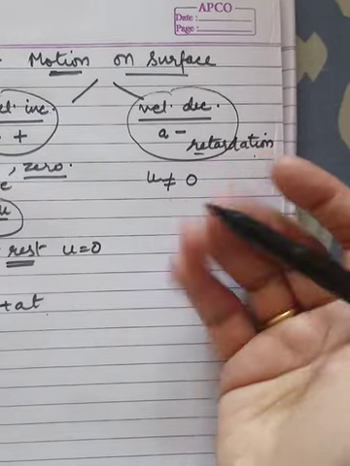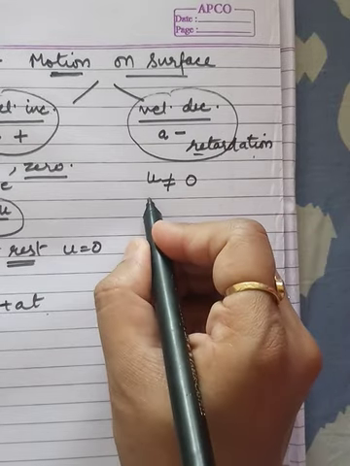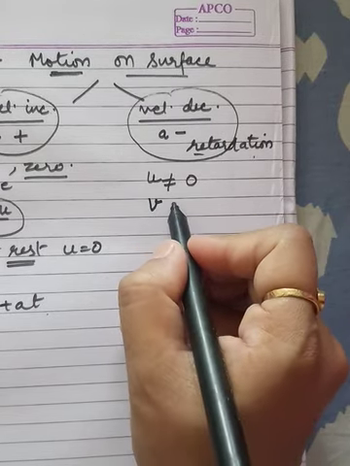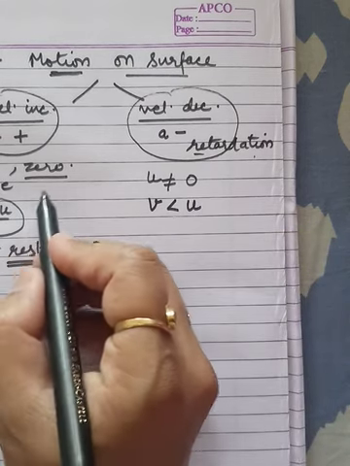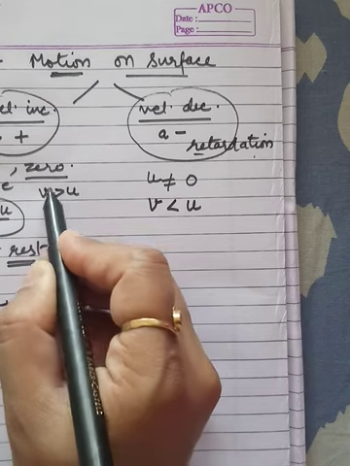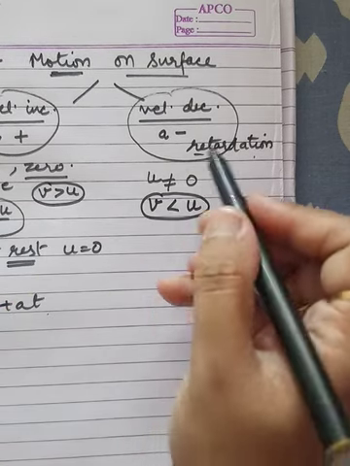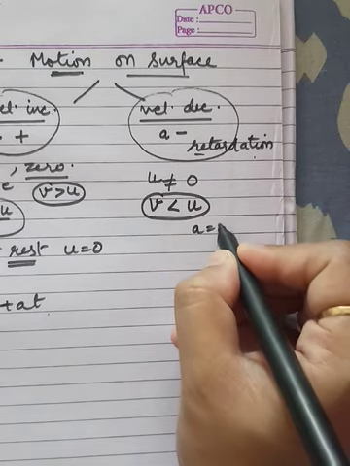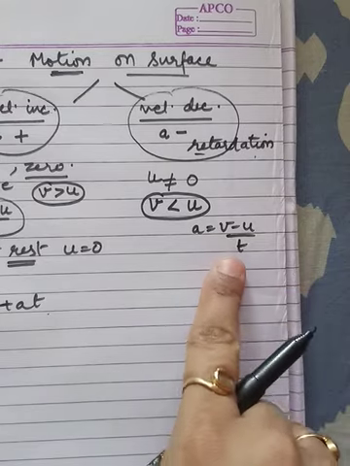It cannot decrease. So u can never be 0 in this type of case, and v is always less than u, because acceleration is (v - u) upon t, so acceleration comes out to be negative.